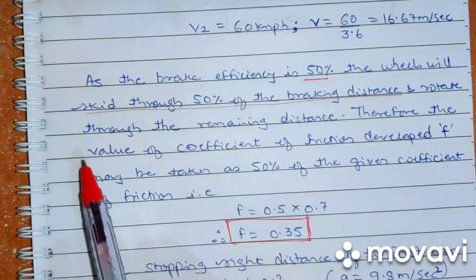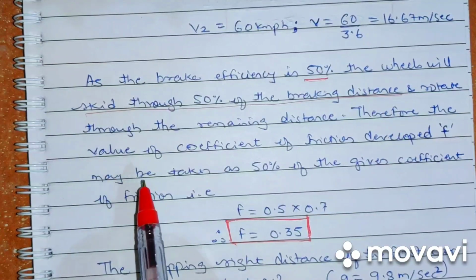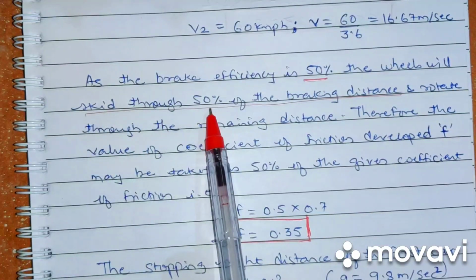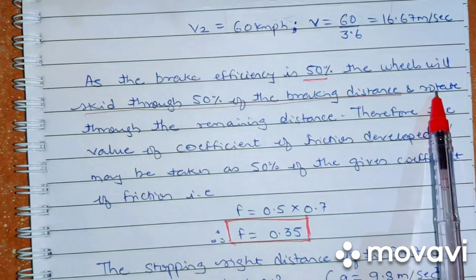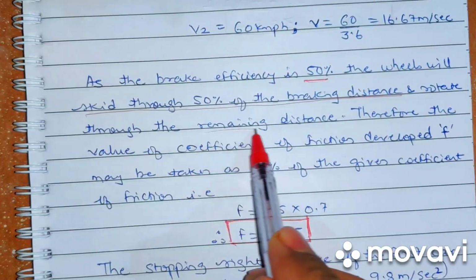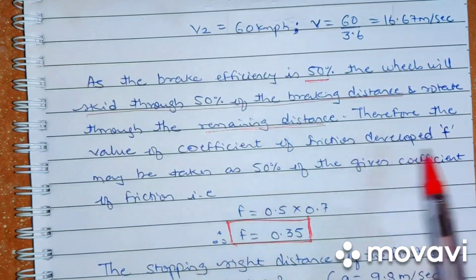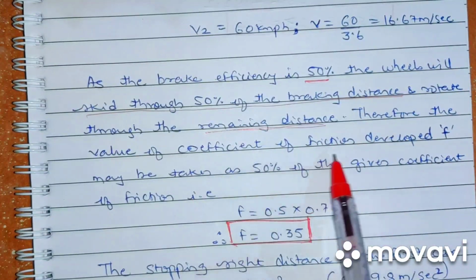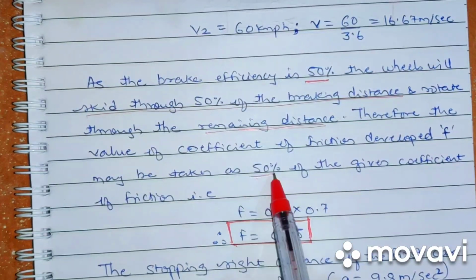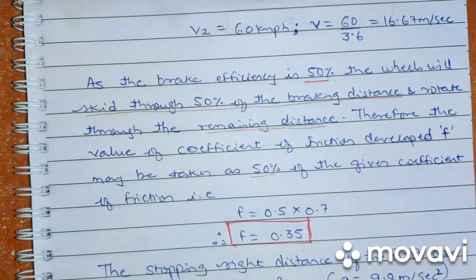Now, as we are given the condition regarding the brake efficiency of 50%, the wheels will skid for 50% of the braking distance and they will rotate through the remaining distance. Therefore, the coefficient of friction developed, that is f, may be taken as 50% of the given coefficient of friction.